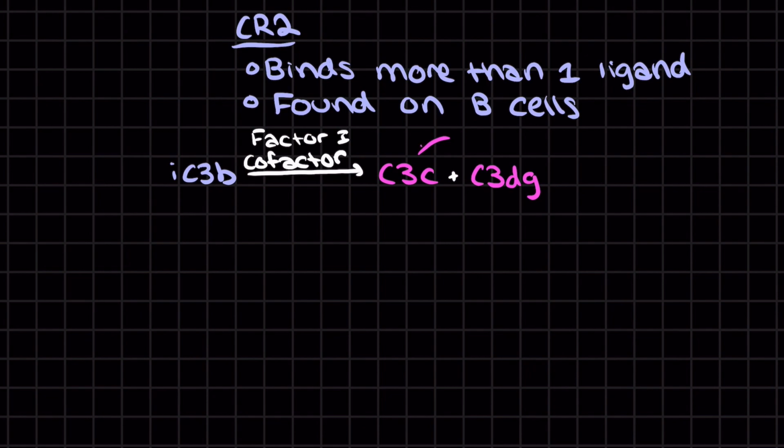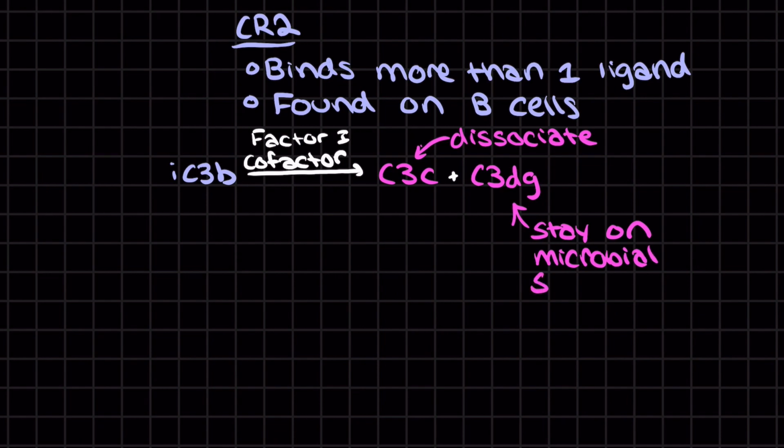C3c will dissociate, specifically, will dissociate away from the surface of whatever it was the C3b was originally coating. But C3dg will stay on microbial surfaces that are a little bit messy, and is detected by CR2.